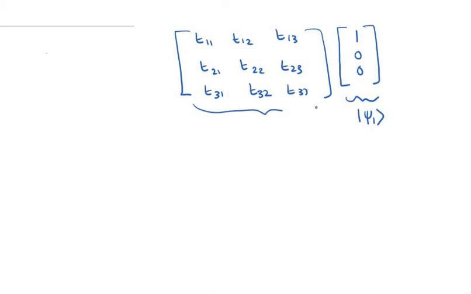This matrix is our T, the matrix representation of the operator T, and then I multiply it on the left by the row vector psi2, or psi2 star actually. So this is basically the Bra psi2.